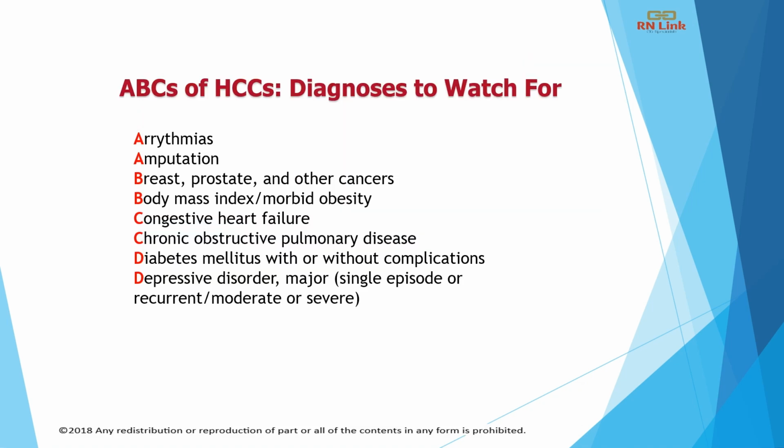An HCC coder is not expected to memorize all the diagnosis codes that map to the HCCs. However, there are common categories of HCCs seen in any of the risk adjustment models.